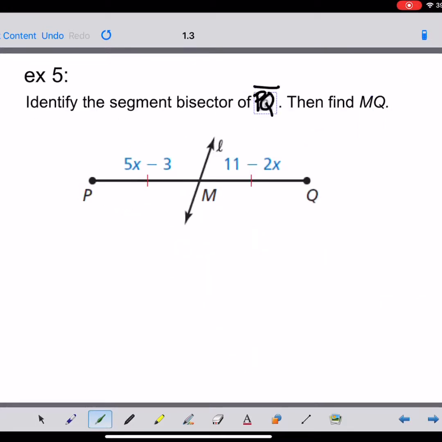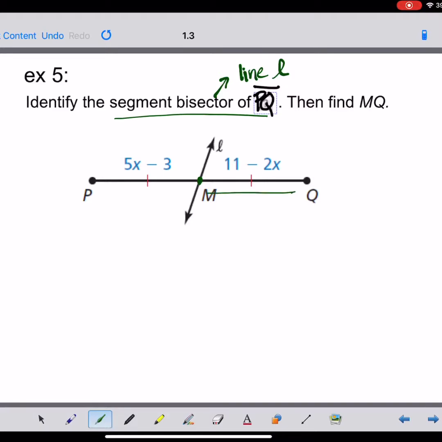In this example, it's very similar, but now they want us to know what is the segment bisector. So exactly what is cutting through our midpoint, and that is a line. So our segment bisector is line L. Then from there, we want to find the length of MQ.